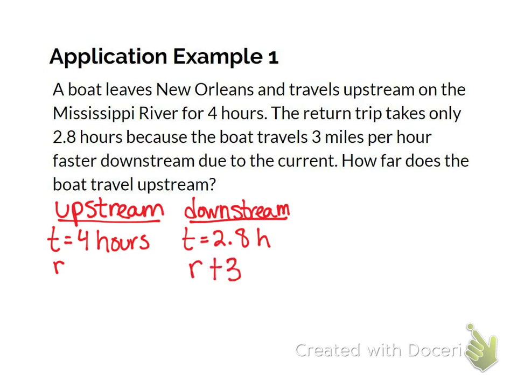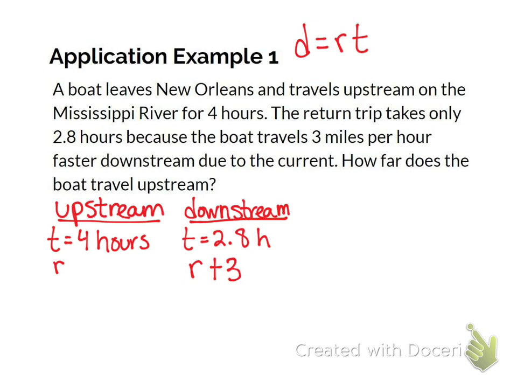R plus 3. Now, in order to do this, we need to know that our distance is equal to our rate times time. We have seen that before in some of our examples. Distance is always equal to rate times time. But if you don't know that, I'd write down that formula.